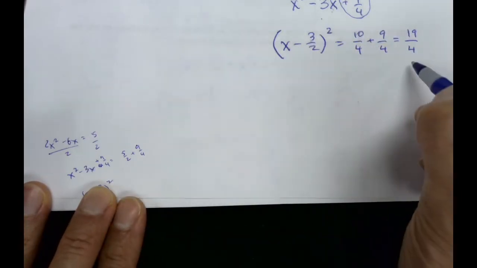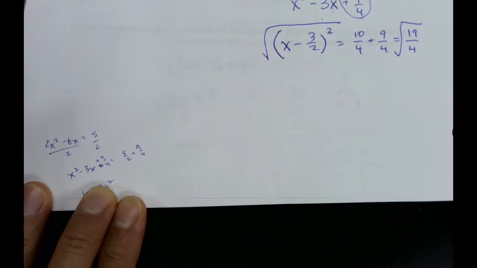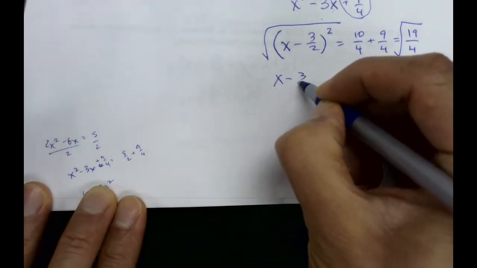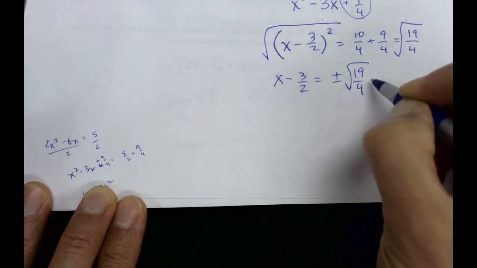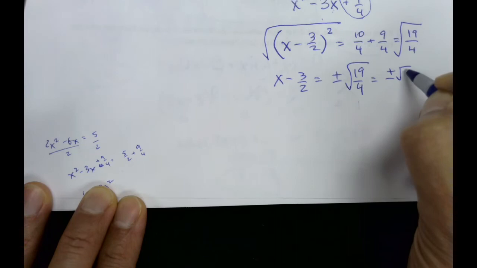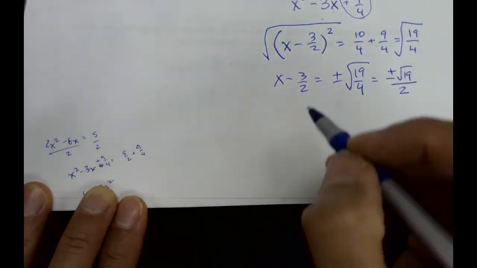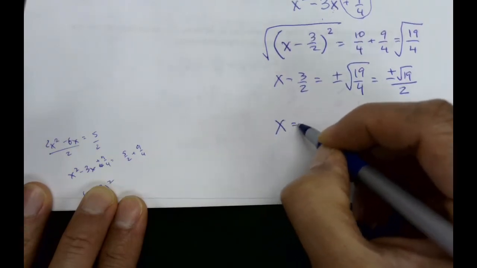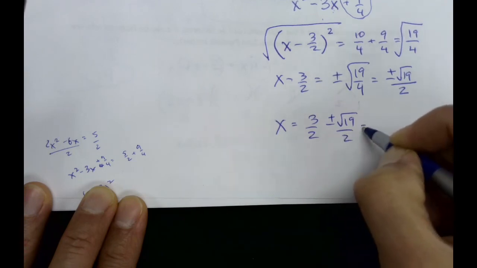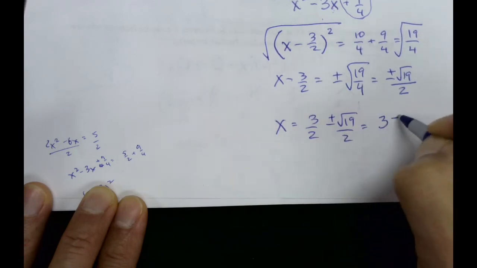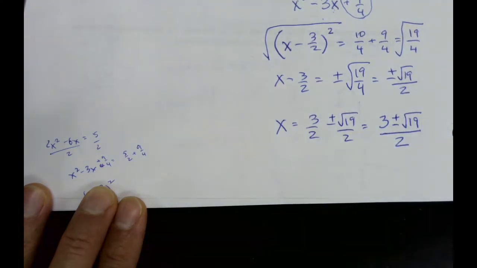So from here, we'll do what we did with the square root property. Take the square root of both sides. x minus 3 over 2 equals plus or minus the square root of 19 over 4, which I can simplify as the square root of 19 over the square root of 4, which is 2. And then add 3 halves to both sides. 3 over 2 plus or minus root 19 over 2, which I can combine: 3 plus or minus root 19, all over 2.